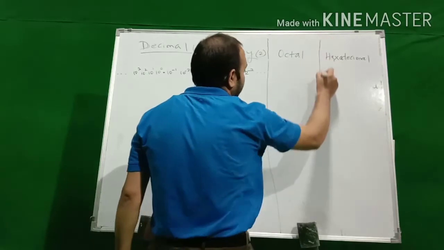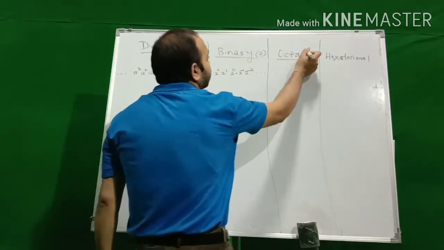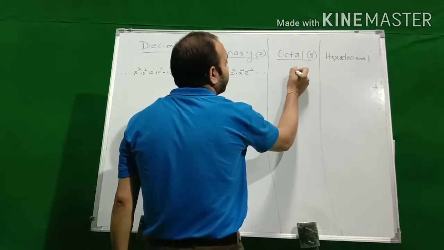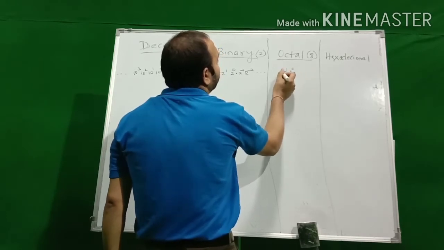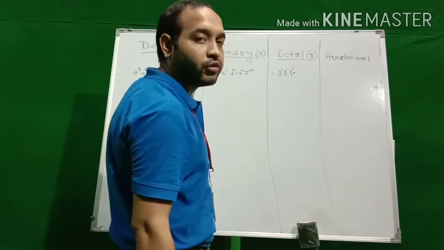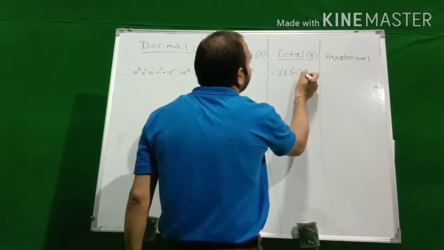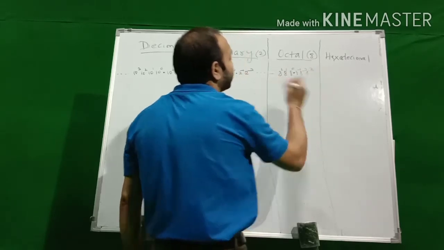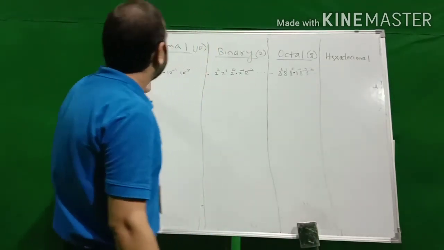Same in octal. Now your base is 8, so again we start with 8 power 0, then 8 power 1, 8 power 2, like this. Left hand side you go with increasing power of 8. And if you write the fractional part, you use the right side. Now I think you are seeing that comparison.